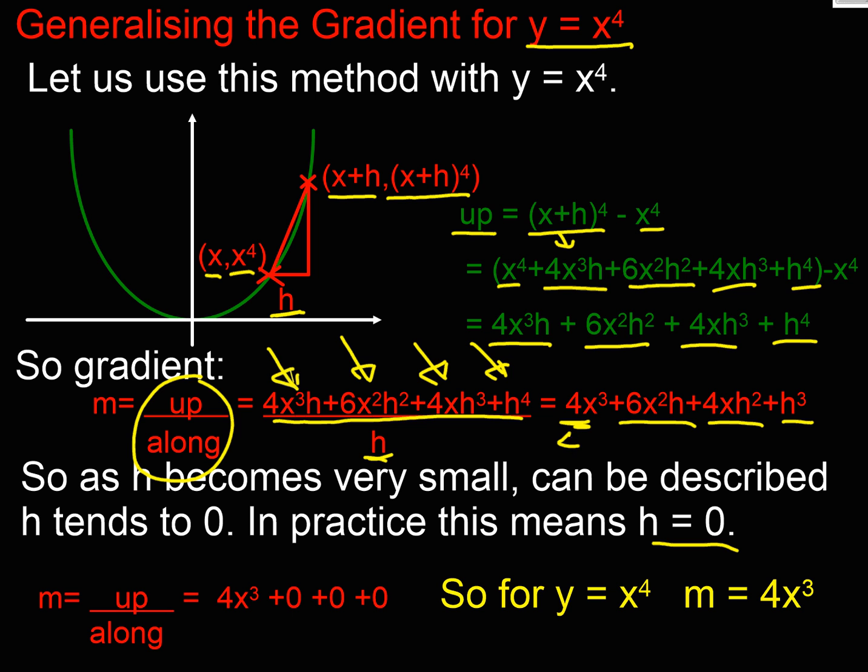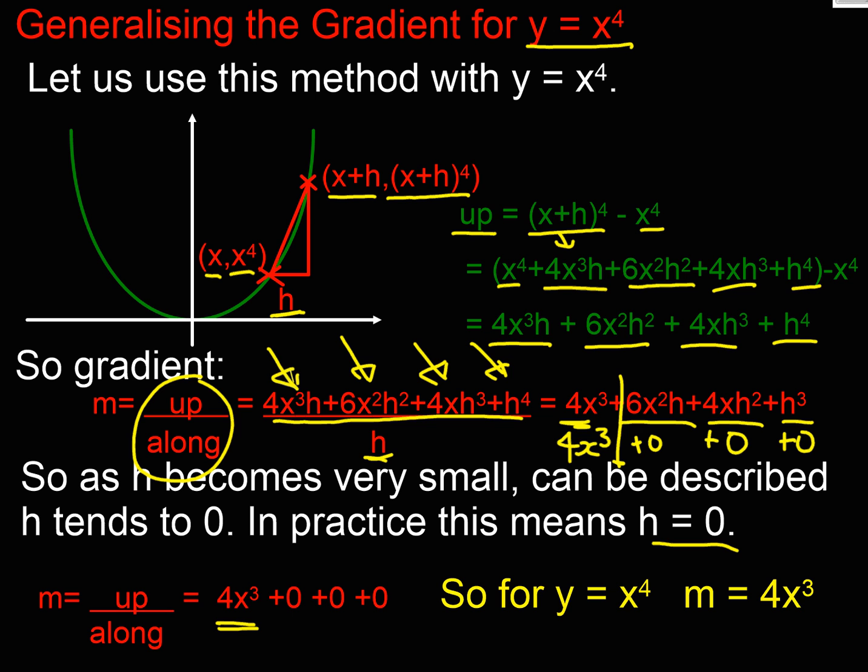Well, we're left with our 4x cubed, aren't we? 6x squared times 0 is 0. 4x times 0 squared is 0, and here we've got 0 cubed, which is 0. So once again, we're only left with our first term. Can you see that the other three terms become irrelevant and become 0 because they're all dependent on h?